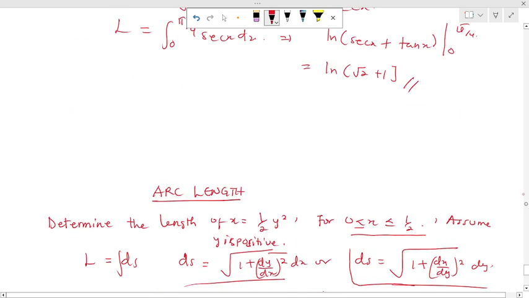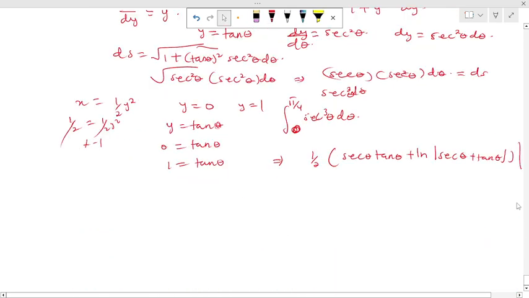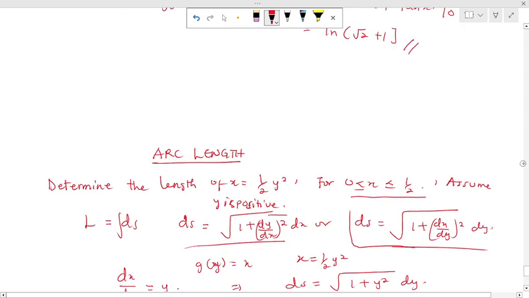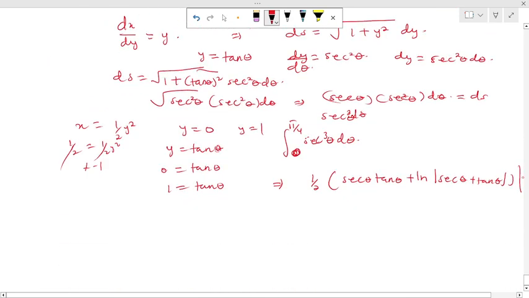Then the upper and lower limits will set in here, which is 0 to pi on 4. Once we put in upper and lower limits, we are expected to get our final answer to be equal to 1 out of 2 multiplying square root of 2 plus natural log of 1 plus square root of 2. And that is the length of the arc.